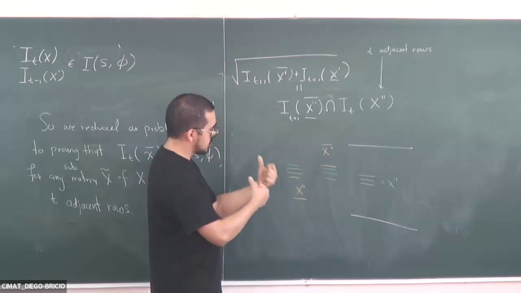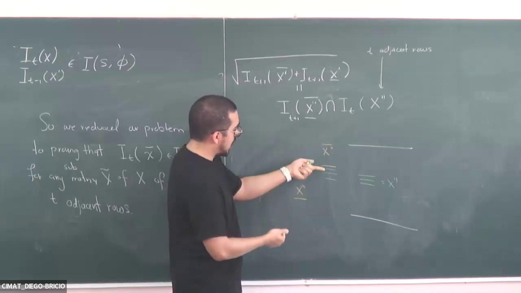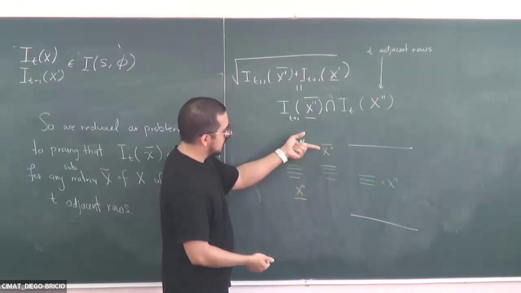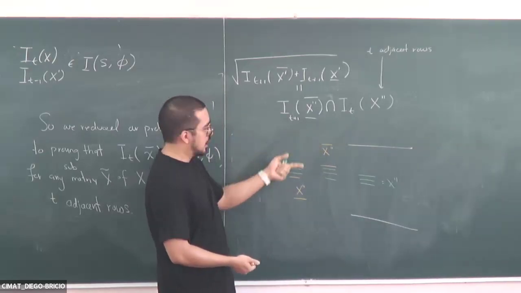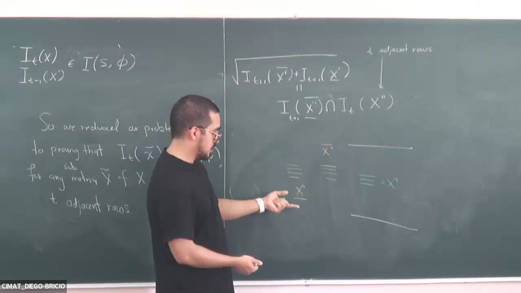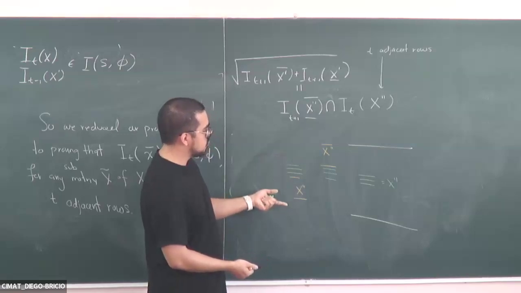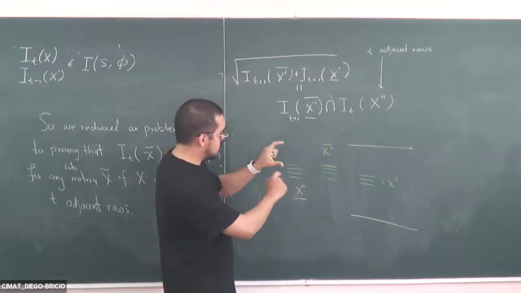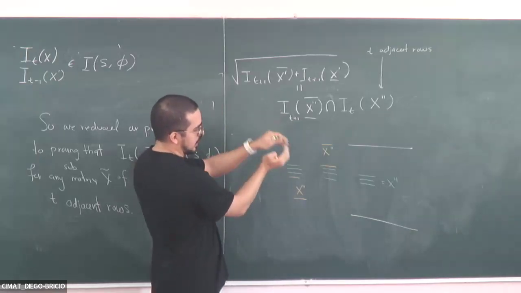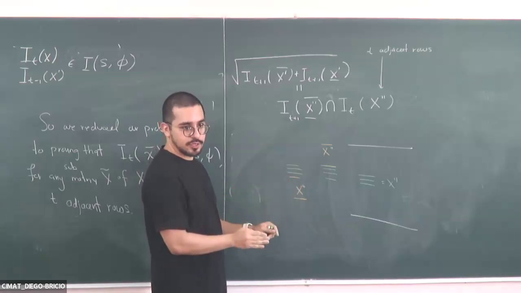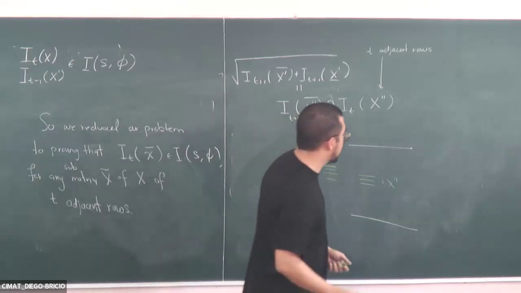By repeating this process, at some point you add rows from this side and reach the top part, and from the other side you reach the bottom part of X. So the only thing that matters is to prove it for the matrices of t adjacent rows which are the first t ones or the last t ones; that is enough to prove that any other one in the middle is phi compatible.